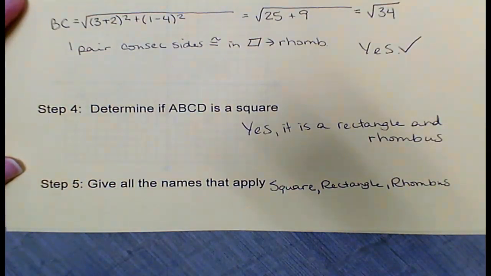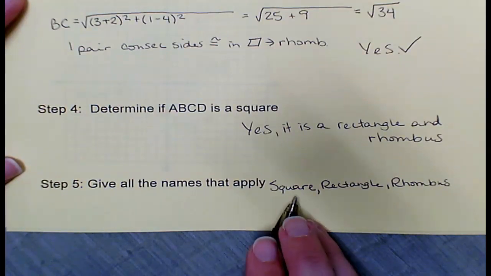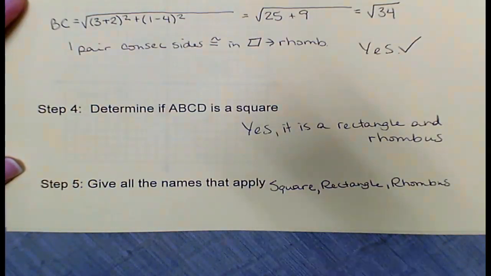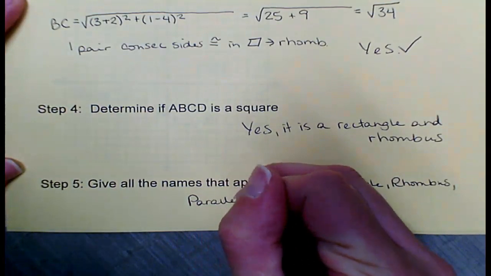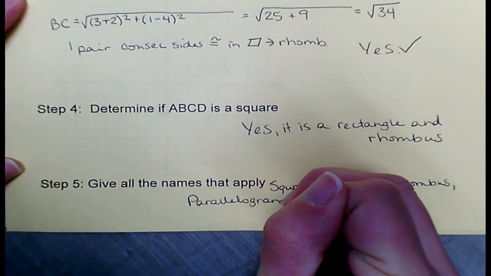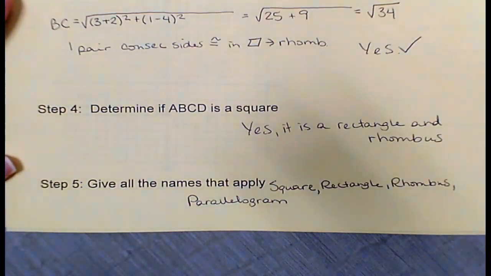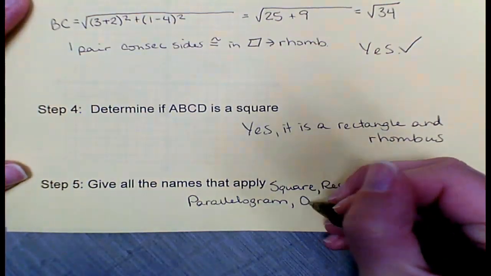In fact, just by mentioning that, if it's a square or a rectangle or a rhombus, by default, it is also a parallelogram. And a parallelogram is a quadrilateral with opposite sides parallel. So not only is it a parallelogram, we can also call it a quadrilateral.